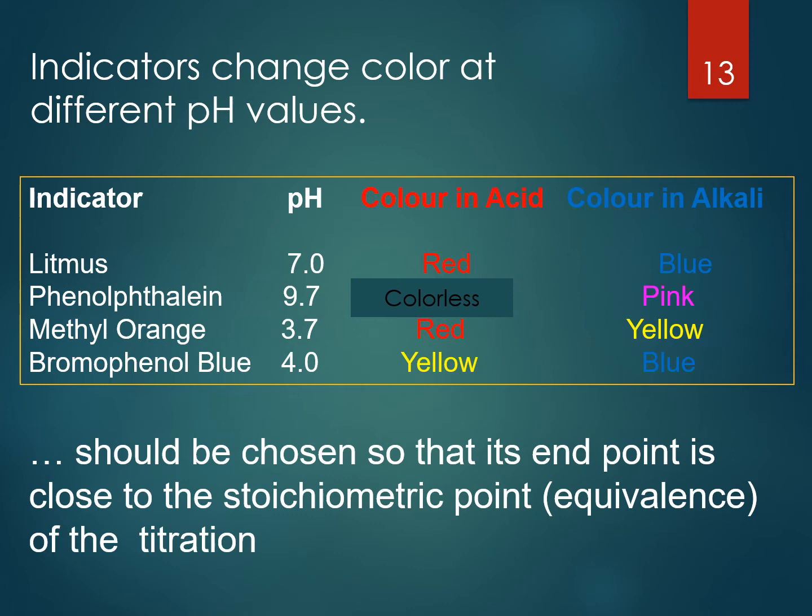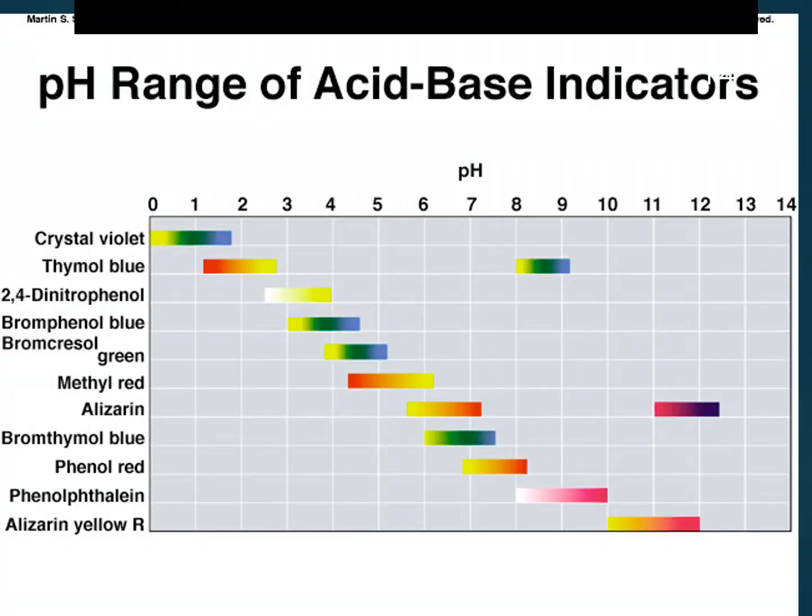So depending on the type of titration, we carefully choose our indicator for a certain type of titration. It should be chosen carefully so that the endpoint is close to the equivalence point. That's the basis in choosing the indicator. These are some typical examples of these indicators, and look at the changes in the colors at different pH.